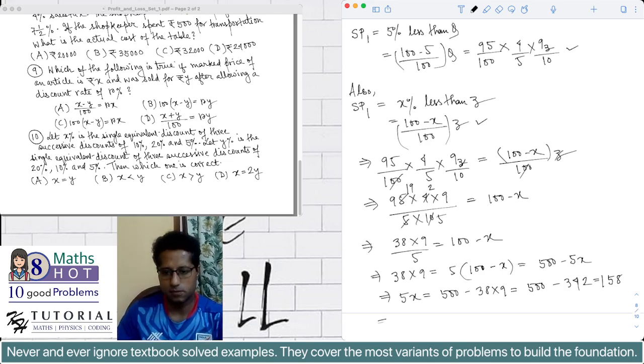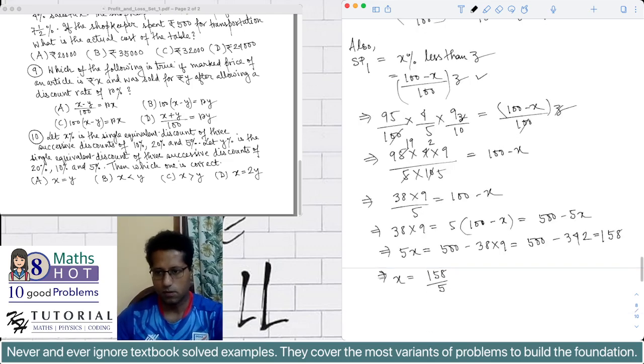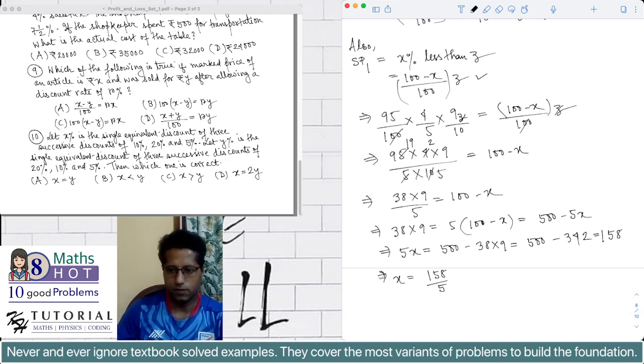So this implies x is equal to 158 by 5. So we have found x to be 158 by 5, which for the sake of comparison we can convert as a decimal. This is 31.6.